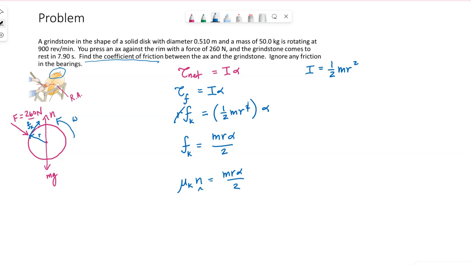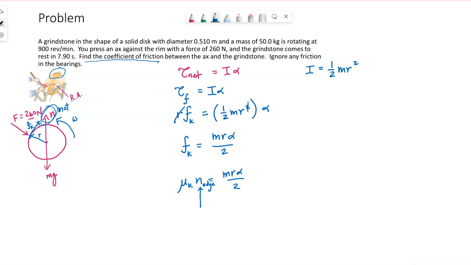Now, one other side note, this normal force in our equation is the normal force at the edge of the disk where friction is actually occurring. It's not this one in the picture overall, where we said that the disk has a normal force upwards from the axle that goes through the center. That's not the one we want. We need the normal force at the edge.